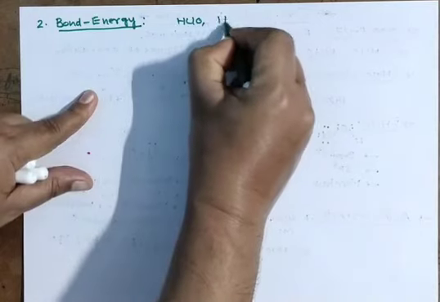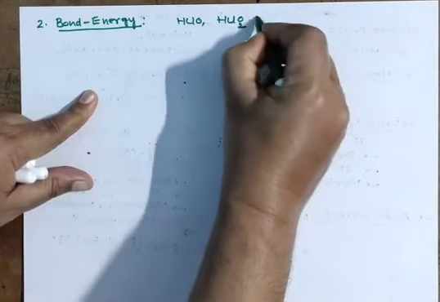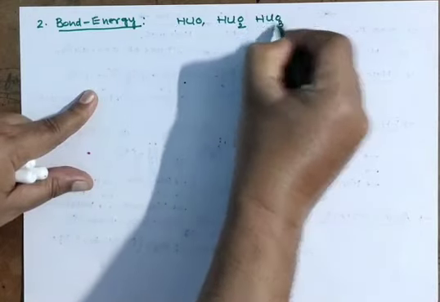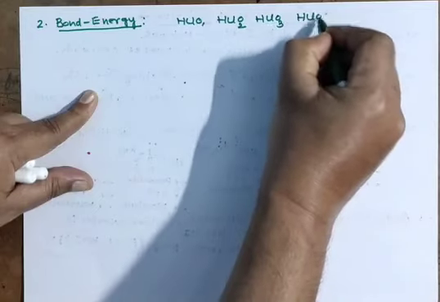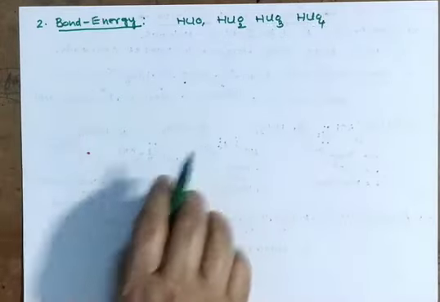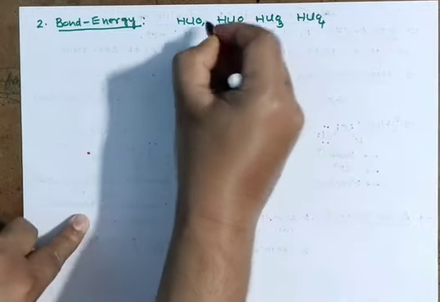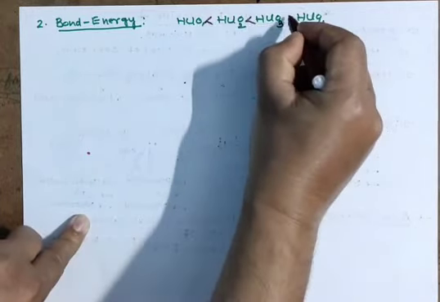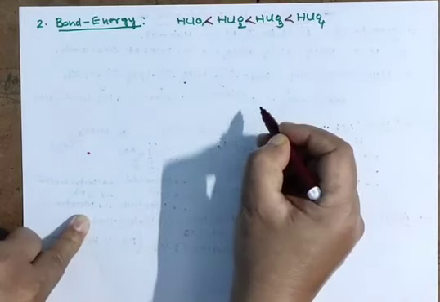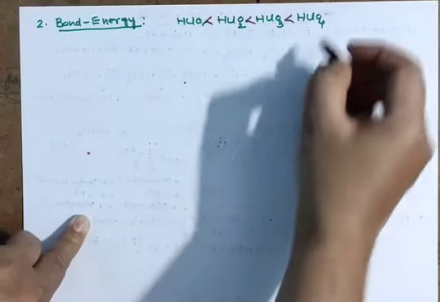HClO, HClO2, HClO3, HClO4, four oxo acids of chlorine. Bond energy we have to discuss. Bond energy among these acids is going to increase.